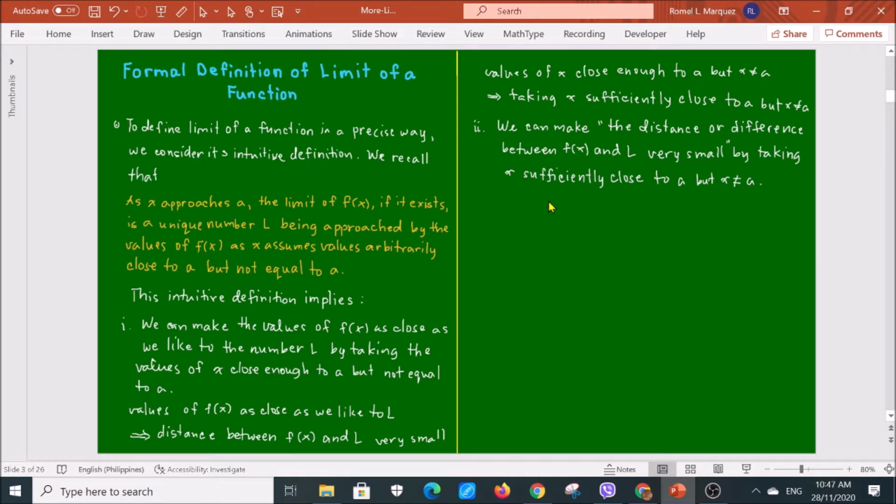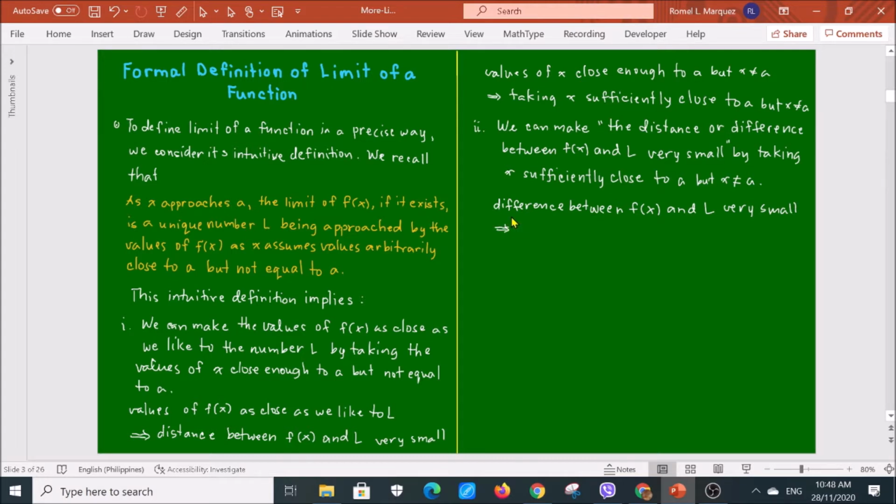Okay? Now, what about the distance between f of x and L being very small? What do we mean by that? Again, distance means difference. So what is the other way of saying that?